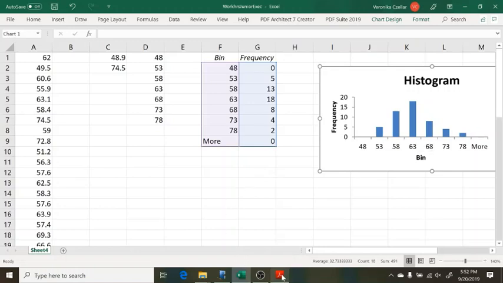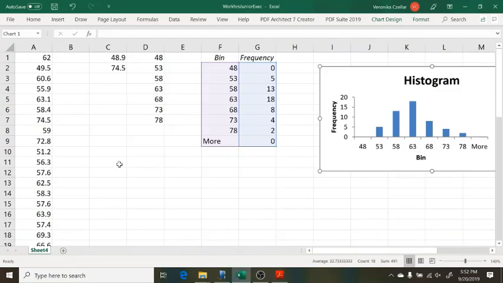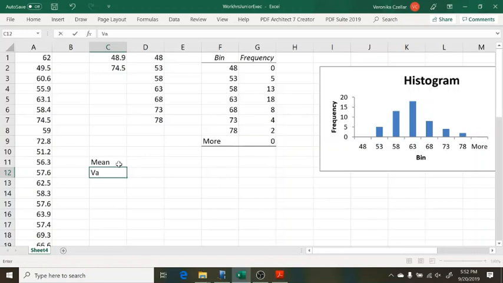So we said that we can estimate in an unbiased way both mu and sigma square. For mu, I need x bar, the sample mean. So let's calculate the sample mean and the sample variance. Here it is, the sample mean. How do I do it?